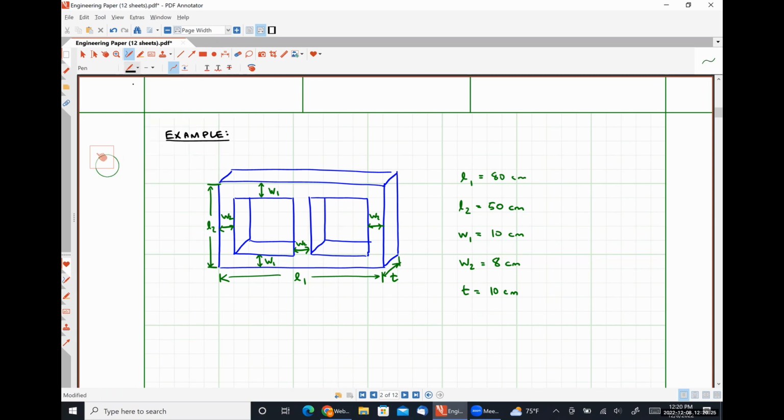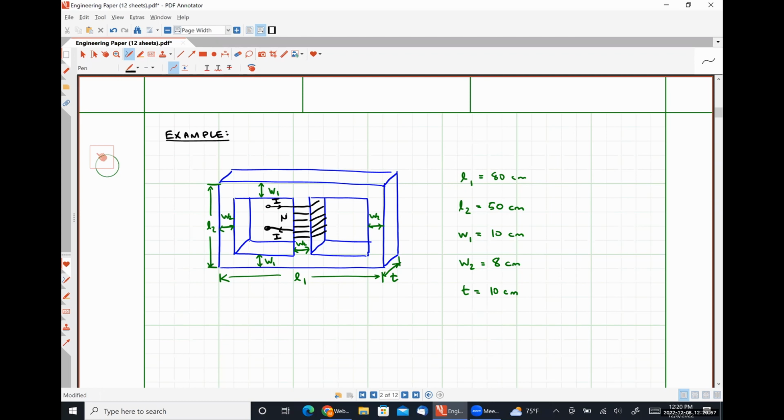And our coil is going to be wrapped around this middle leg or this middle beam. Where our current I will be flowing in the indicated directions and our coil has N turns.